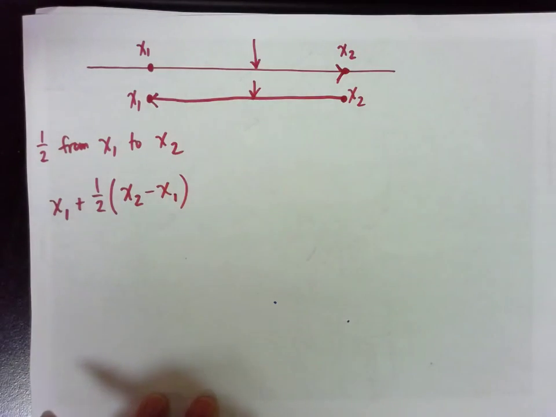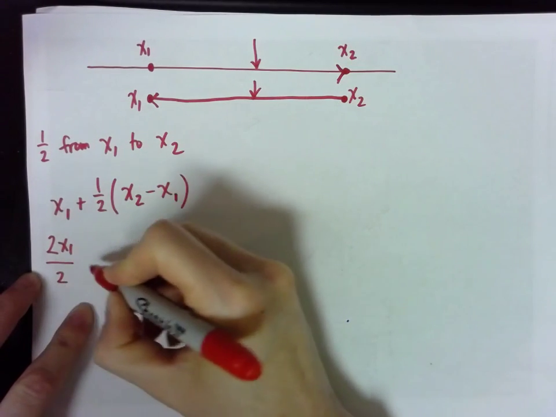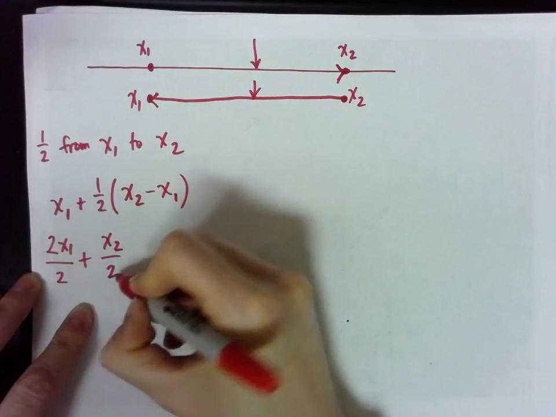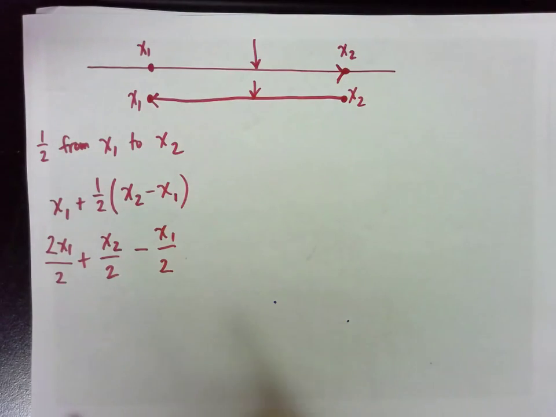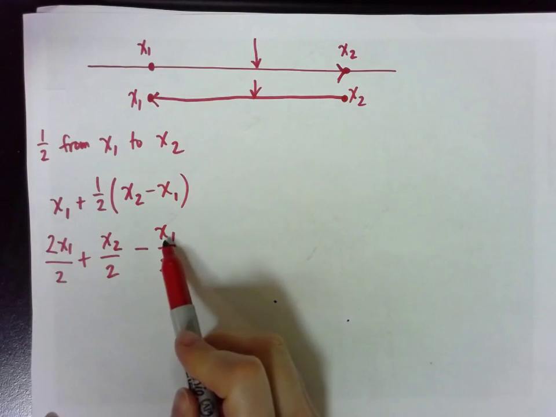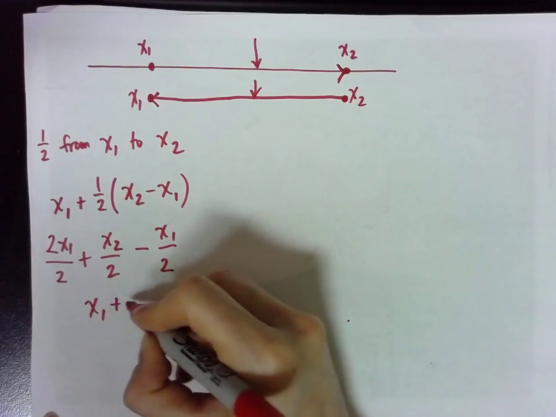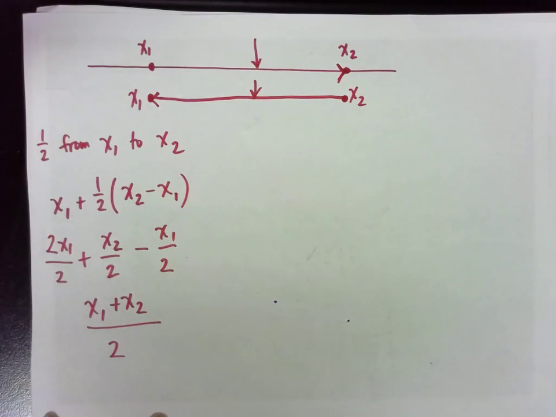So let's find a common denominator of 2. This would be 2x1 over 2, and then distribute this half, and we'll get x2 over 2 minus x1 over 2. So we have two x1s minus an x1, which leaves us with just an x1. Then we have the plus x2, all over 2. So the point that's halfway between x1 and x2 is x1 plus x2 over 2.